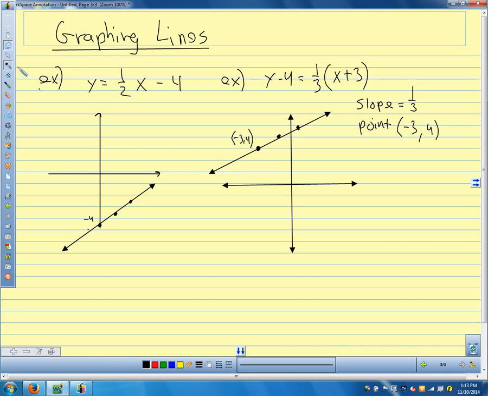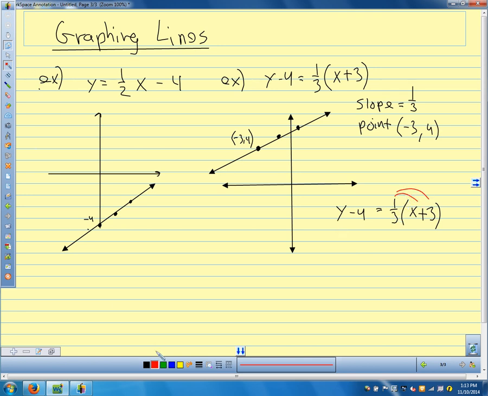What if we couldn't remember how to pick out the points in the point-slope form? What could we do to help ourselves out to graph that line? Someone said it before. What can we do with these parentheses? Can't I distribute that 1/3?